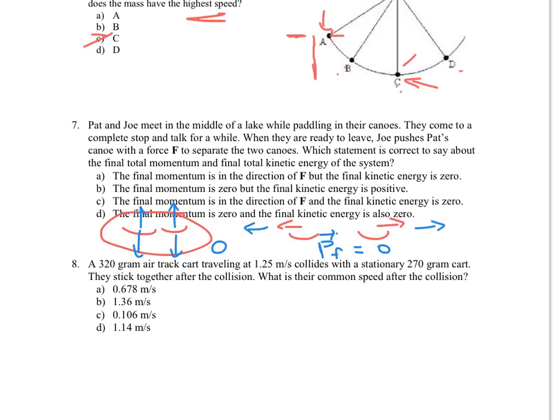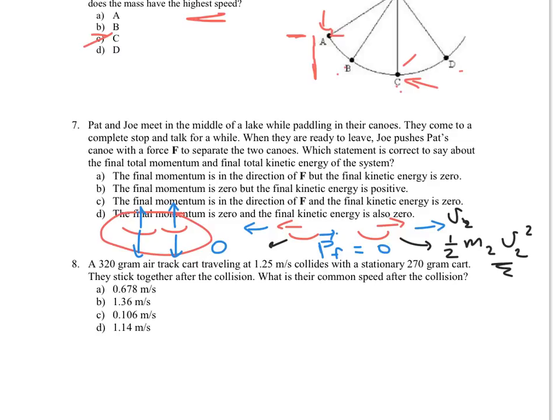But if you look at kinetic energy, the kinetic energy of this canoe is 1/2 the mass of canoe 2 times the velocity of canoe 2 squared. And this is positive, just like this canoe would have 1/2 m1 v1 squared, and it too would be positive.